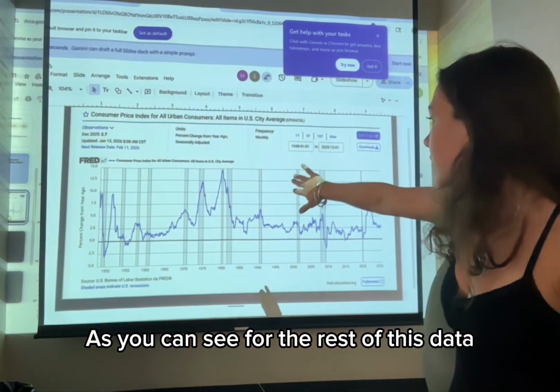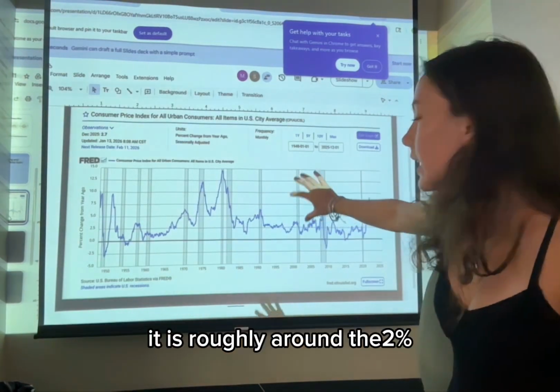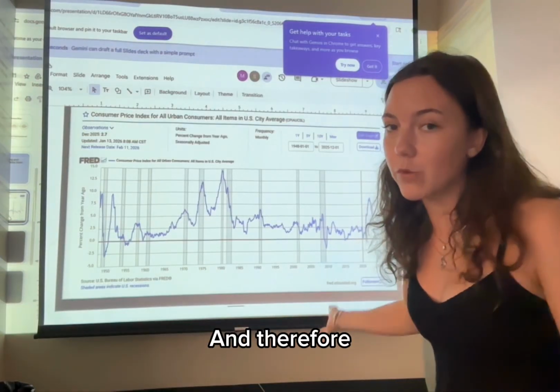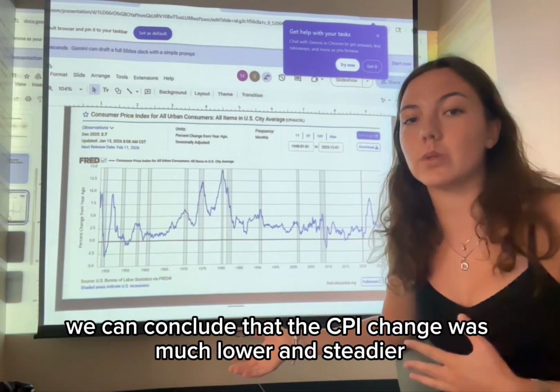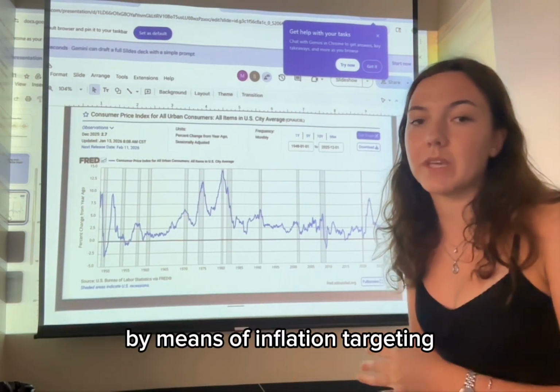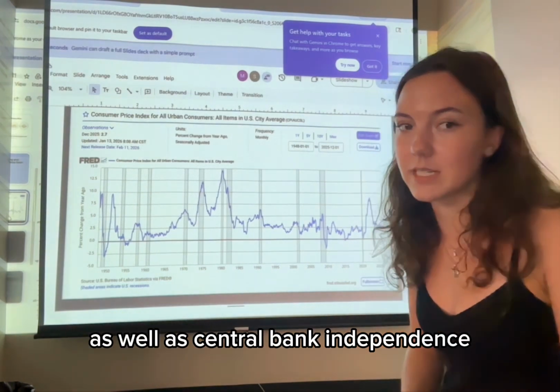And as you can see, for the rest of this data, even though you can't see the percentage change as well, it is roughly around the 2%, and therefore we can conclude that the CPI change was much lower and steadier by means of inflation targeting as well as central bank independence.